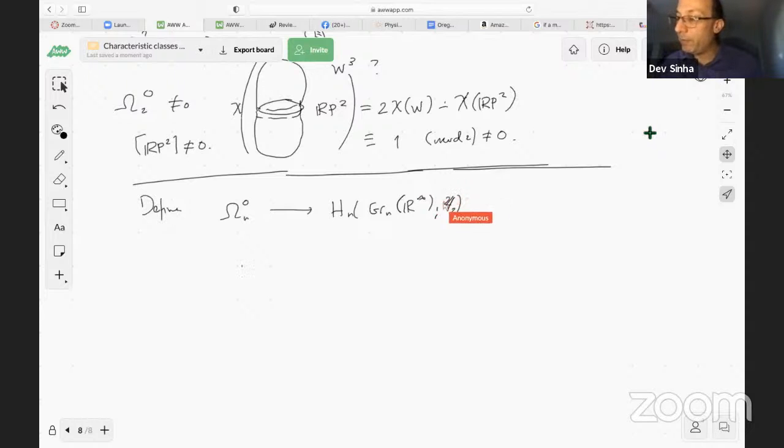Or similarly, from the weakly complex Bordism in degree 2n to H2n of the Grassmannian of n planes in C infinity.